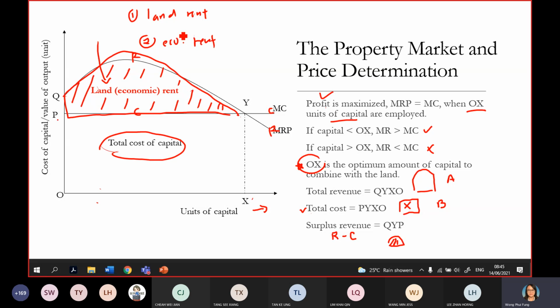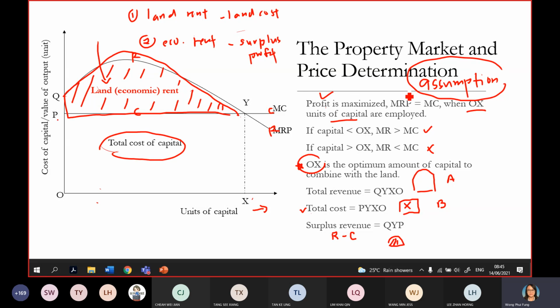Land rent means land cost. Economic rent means surplus profit. Why are these two the same? Very important. You have to make this assumption. What is the assumption?